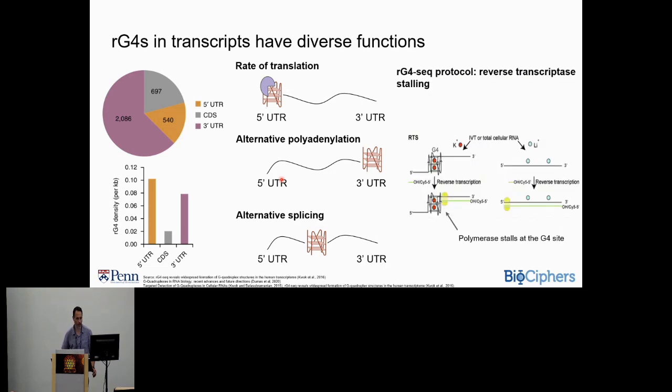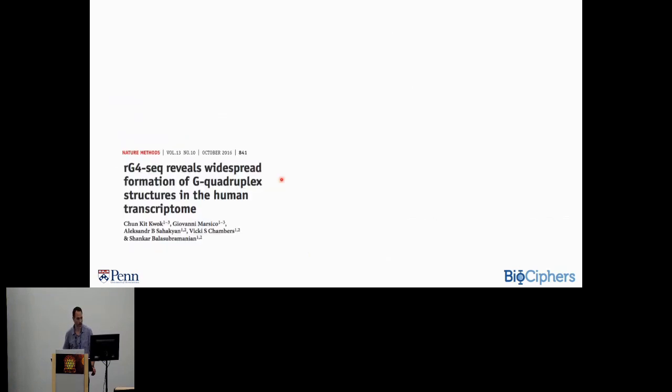Another way is to, again, add potassium and lithium, and that stabilizes the structure, and then you can do reverse transcription, which is going to get stuck where the structure is formed. You can compare with or without the ions, and you can get the locations of the formation of the structure. So these are the two main methods that we're going to talk about today.